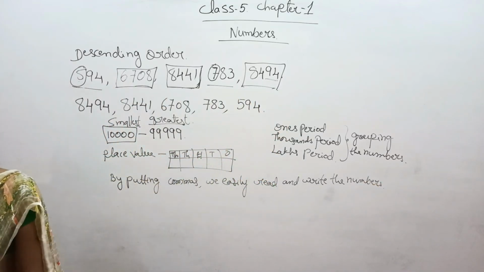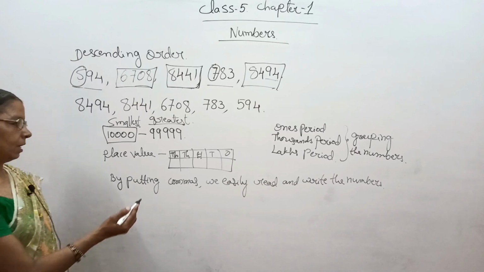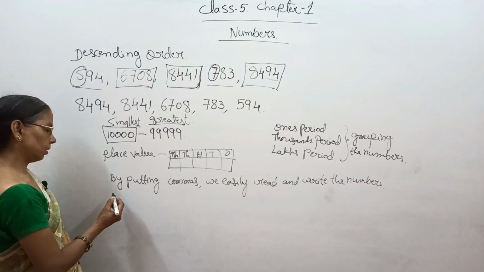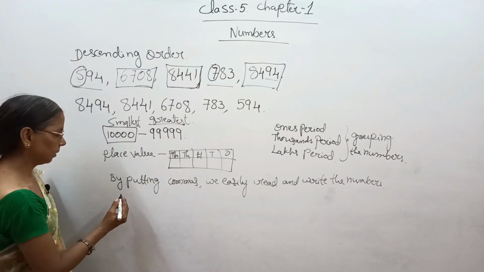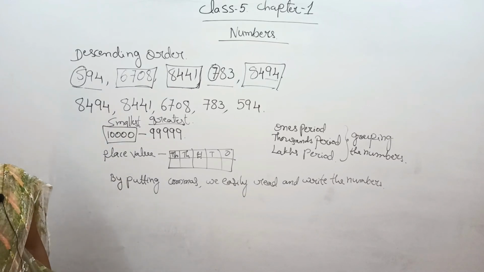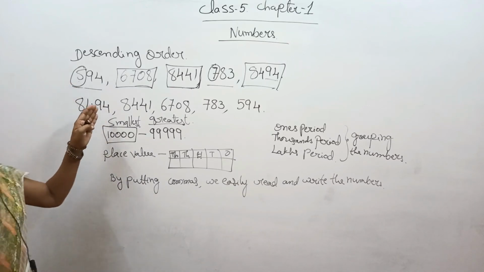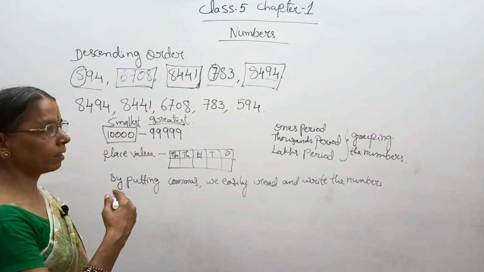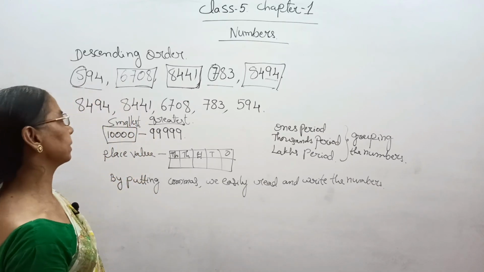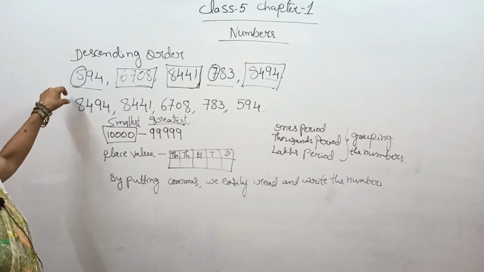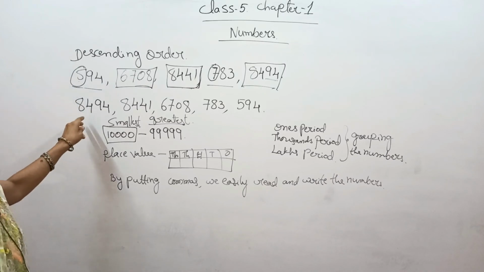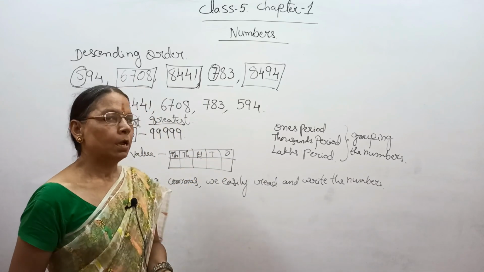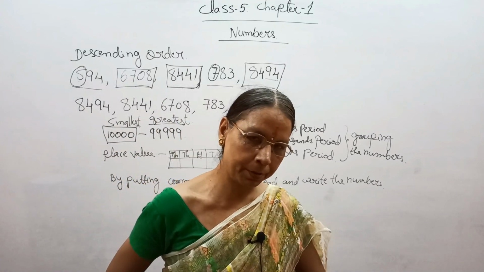Then we compare the numbers with the help of this chart, or again we go for ascending and descending order. Ascending order means we take the smallest number first and move upward up to the greatest number. And in descending order we take the greatest number first, then we go downwards towards the smallest number. I hope you all understood the topic.